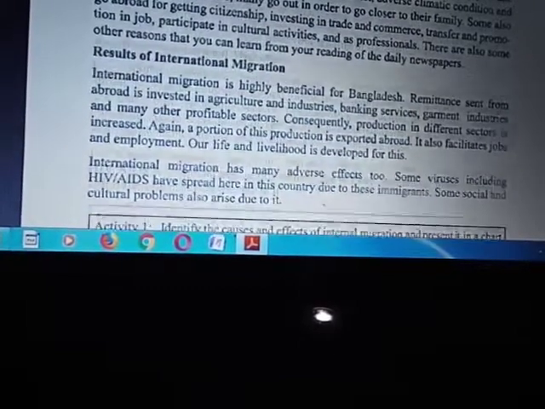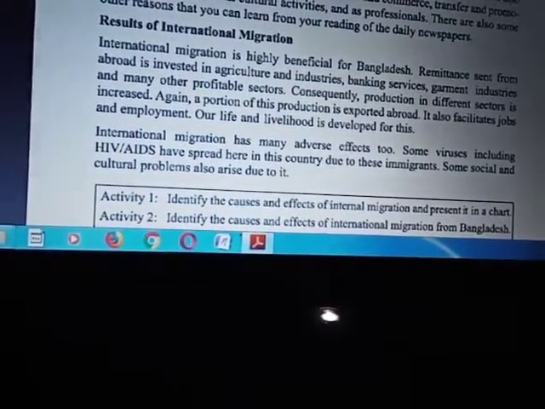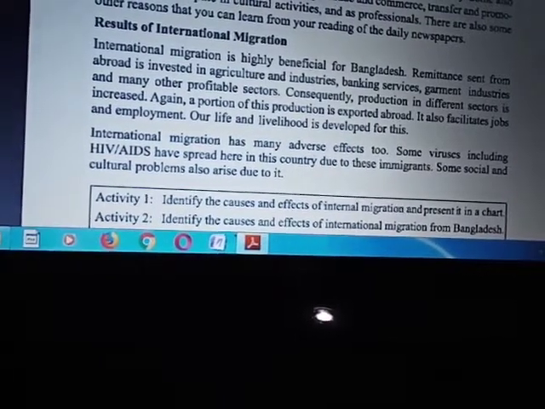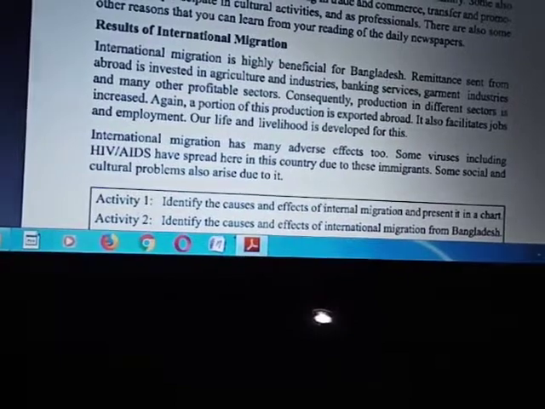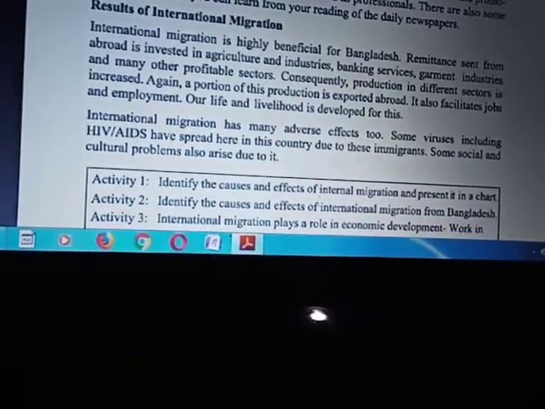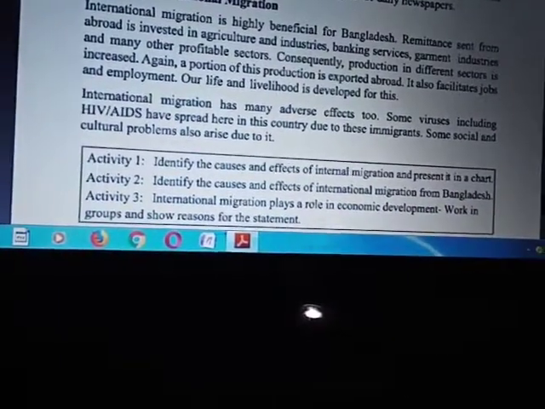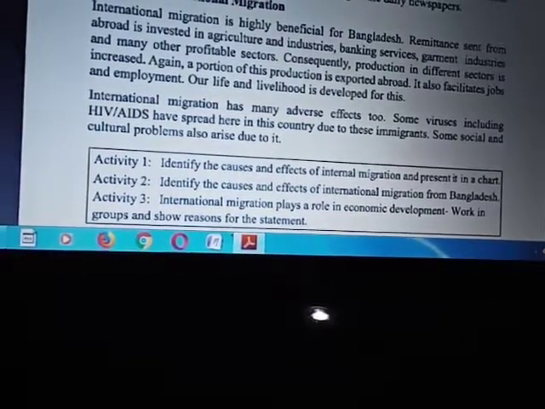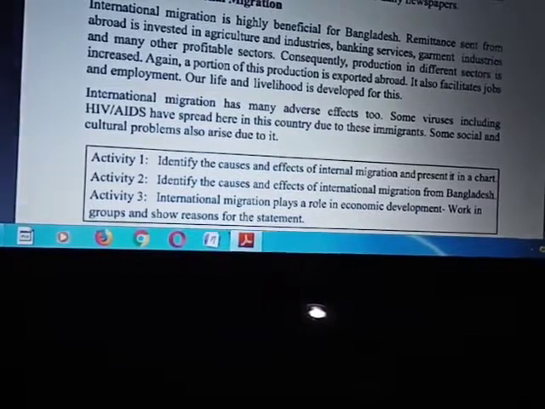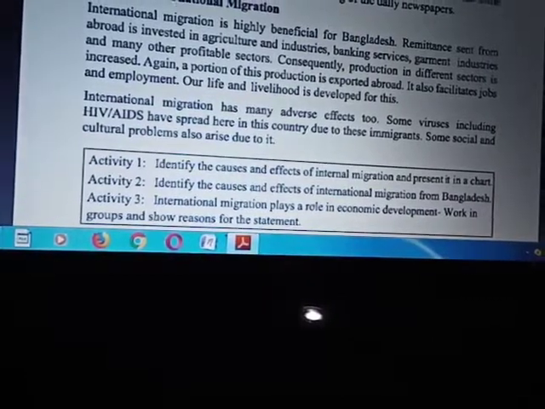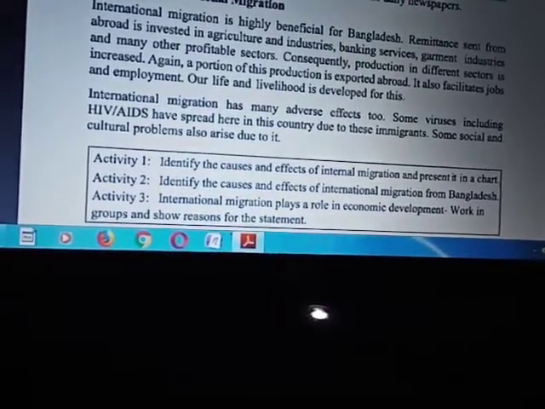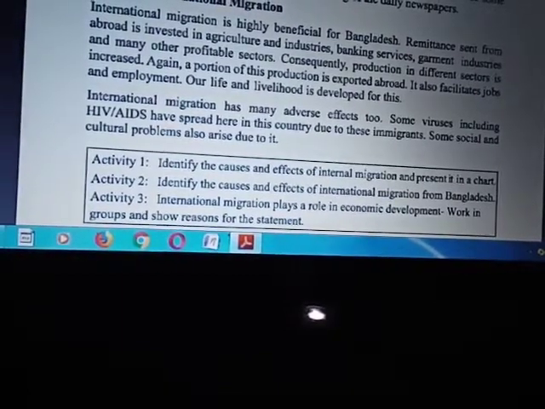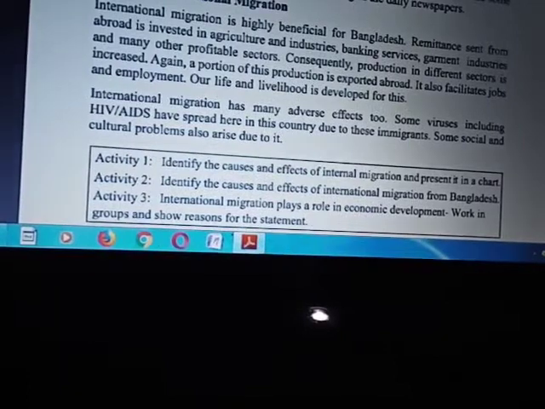Causes of international migration: transfer from one independent country to another for job, marriage, residence, and even citizenship is known as international migration. People of our country go to various countries for various purposes. Many people migrate from our country every year due to lack of employment, a highly competitive job market, adverse climatic conditions, and political asylum.